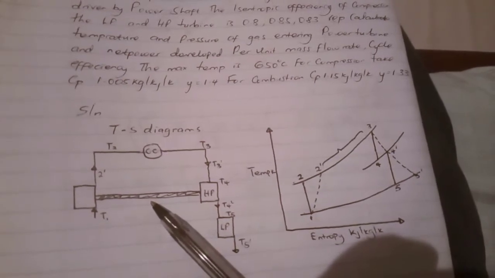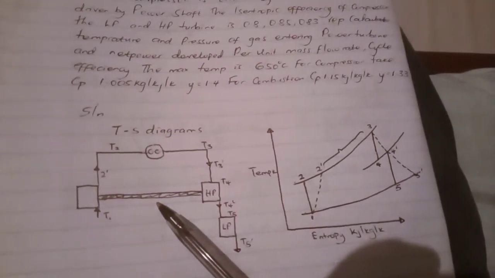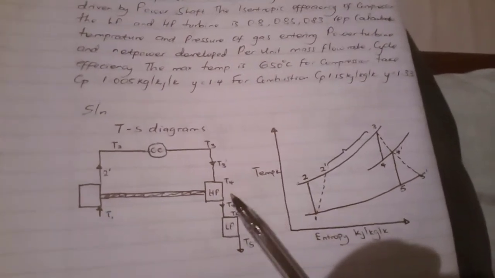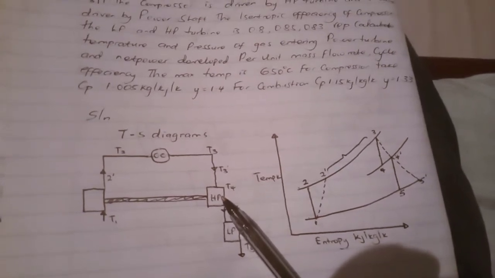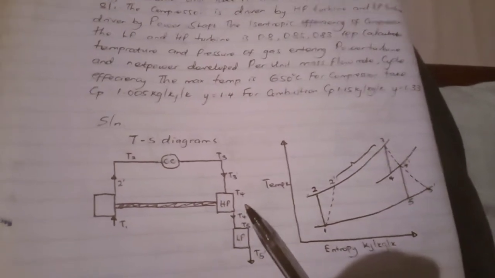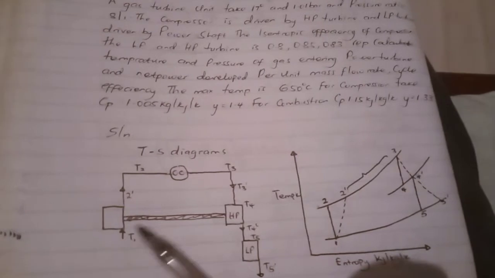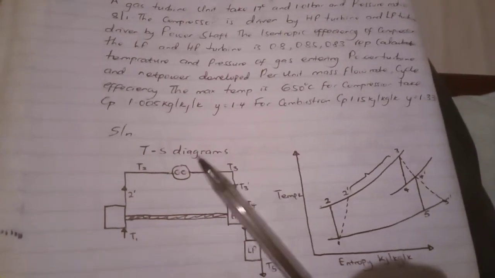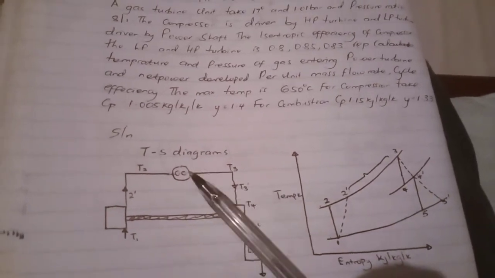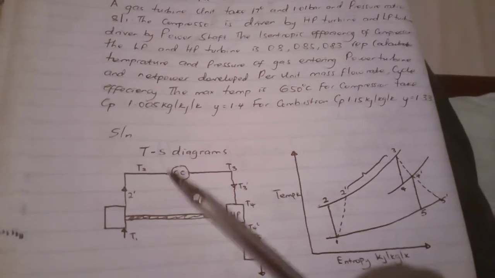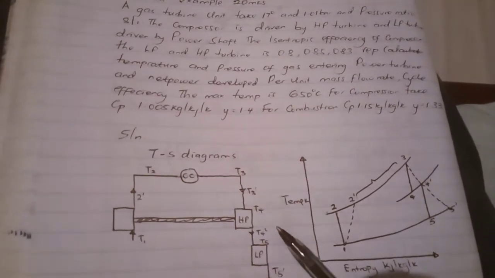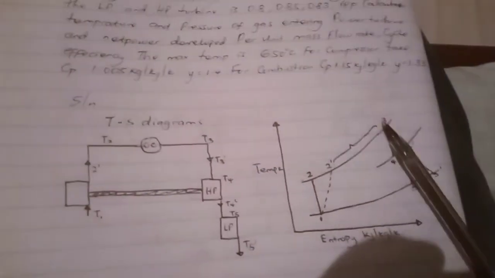We are told that the compressor drives the high power turbine, which in turn is driven by the HP, which is driven by a power shaft. Around the combustion chamber, we're going to take note of T1, T2, T2 prime, T3, T4, T4 prime, T5, T5 prime.